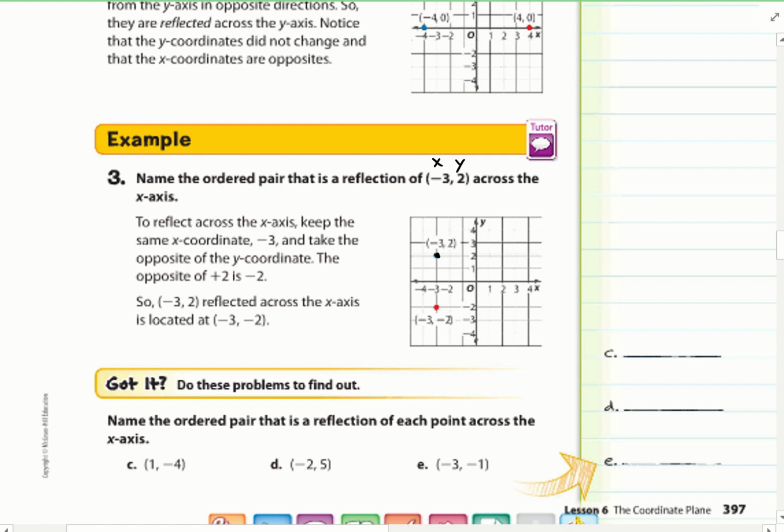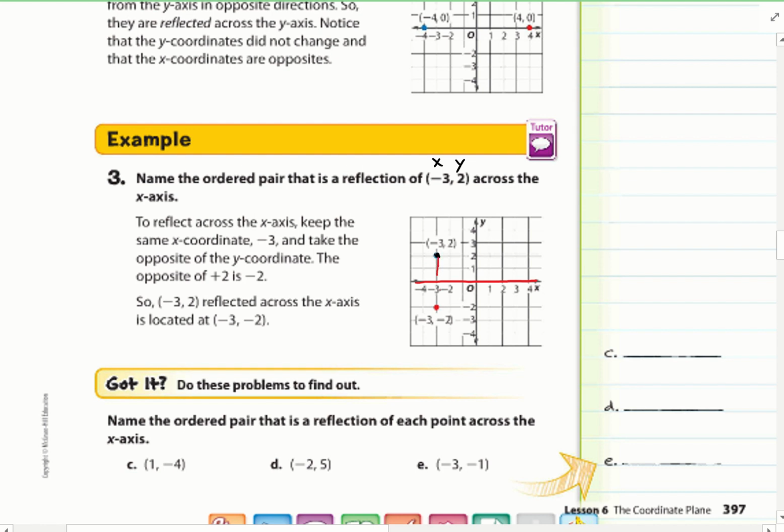Now I need to reflect it off my x-axis. So since my x-axis is here, this line here, see if I can get more specific. That's my x-axis there. Now I just need to do a reflection. Since I go down 2, and then I'm going to go down one more time.